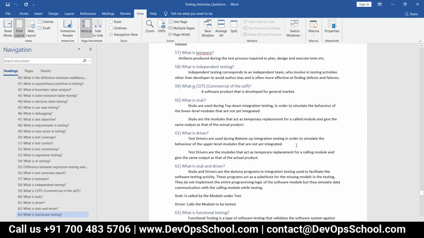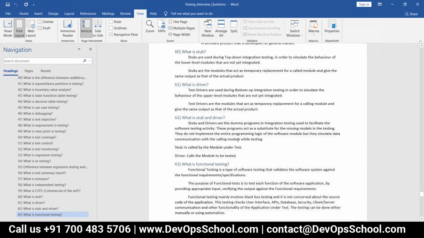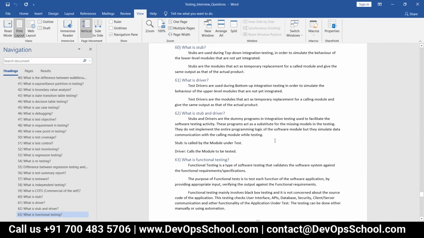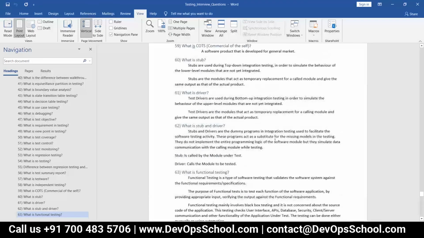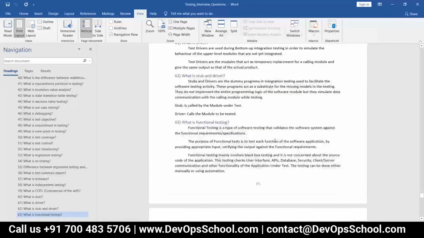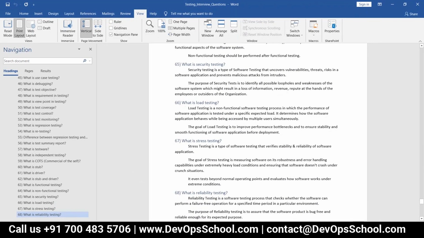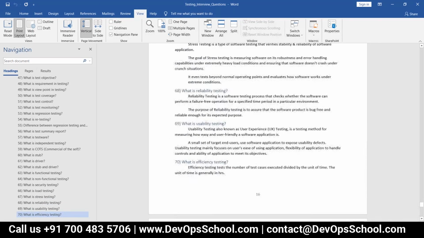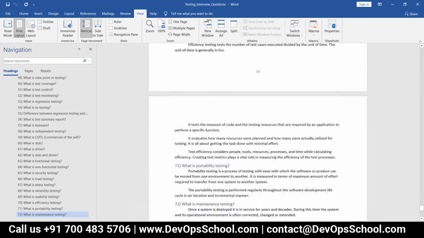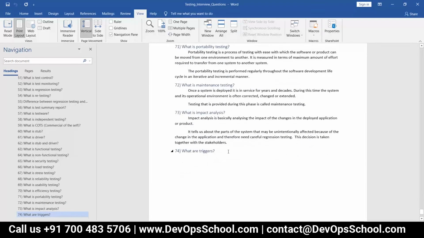Test driver is for bottom up integration, stub is like top down. Okay, good. What is functional, non-functional, security, load, stress testing, reliability, usability, efficiency, portability, maintenance.